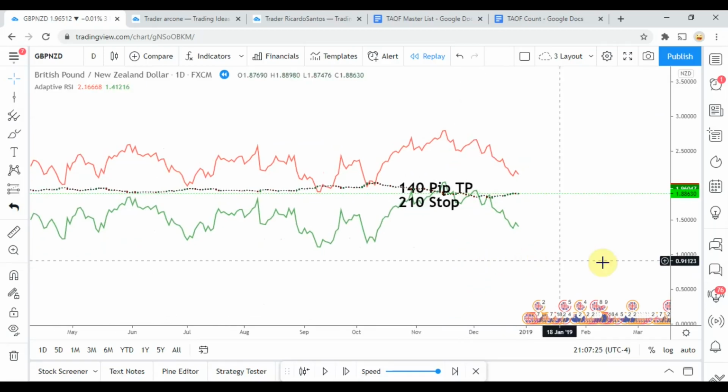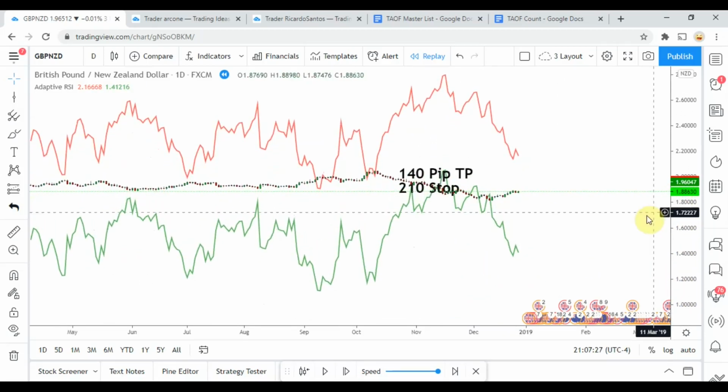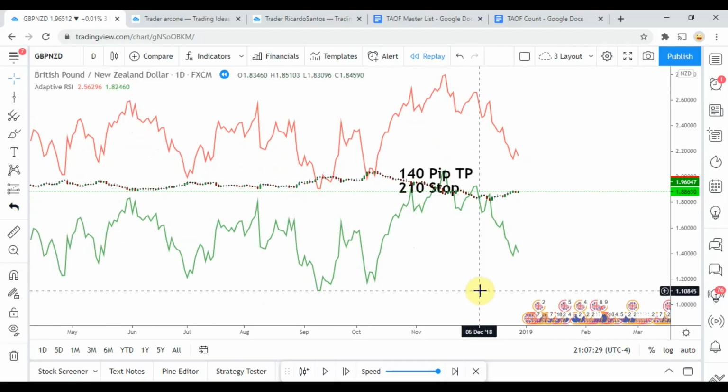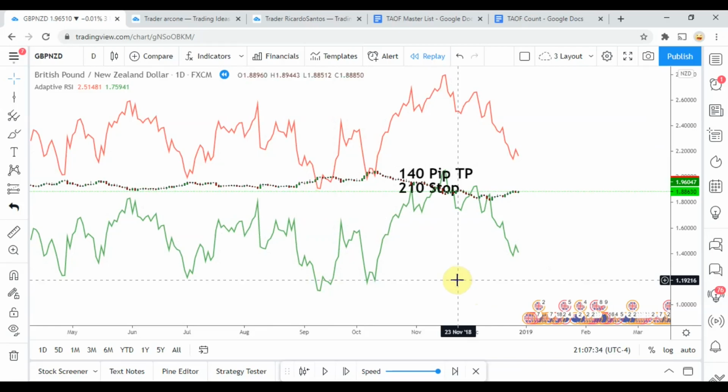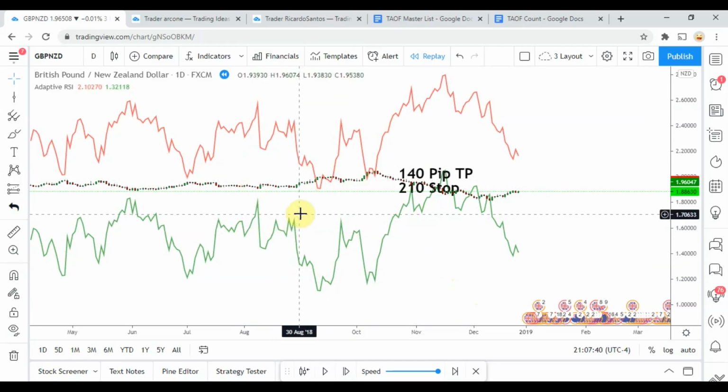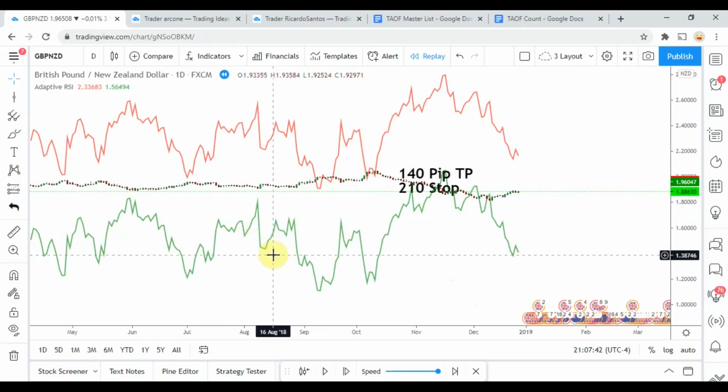And so what are we looking for here? Basically, we are looking for the interaction of price action with either of these lines. When the price action breaks above or below one of these lines, it's either in overbought or oversold territory.